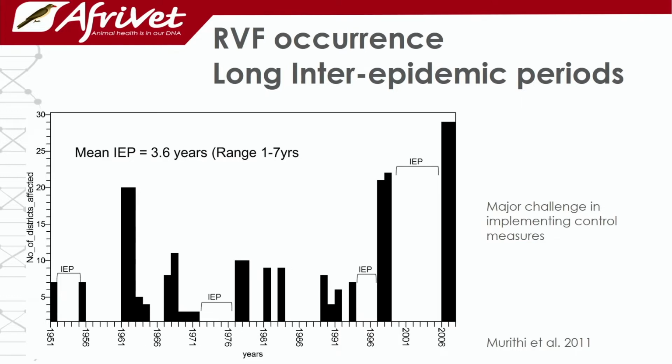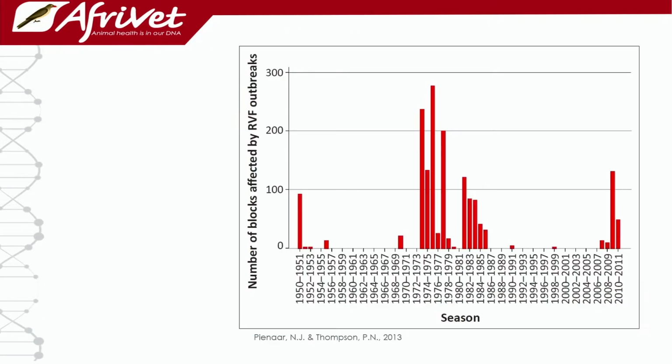And that's what we call the inter-epidemic period, where the disease is dormant and then suddenly it reappears. Similar studies have been done in South Africa also, where we found that we've been having reoccurring outbreaks. The big last one was in 2010, 2011. It was quite massive. We lost, I think, even some vet students who unfortunately got the disease by going to farms to deal with the disease.